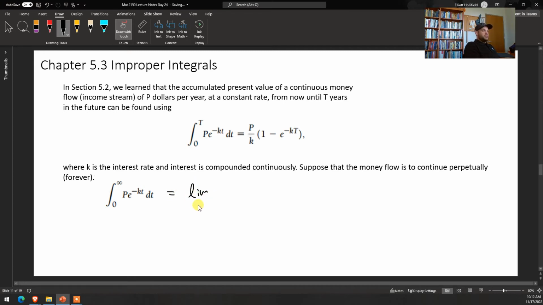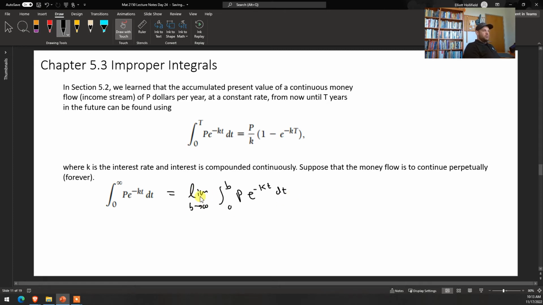First, we convert this to a limit problem. We'll say the limit as b goes to infinity of the integral from 0 to b of p times e raised to the minus kt, integrated with respect to t.